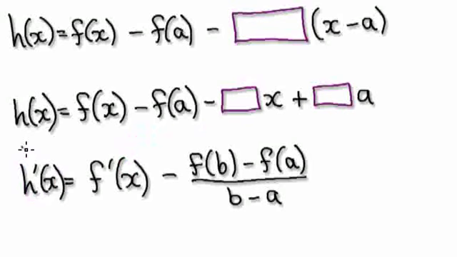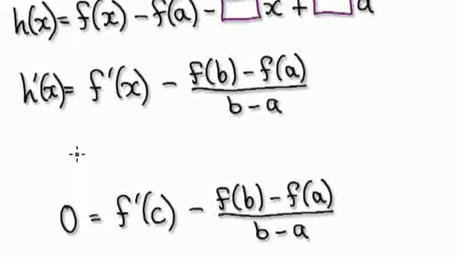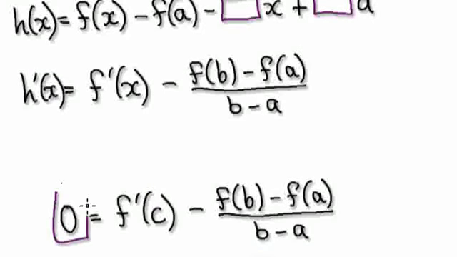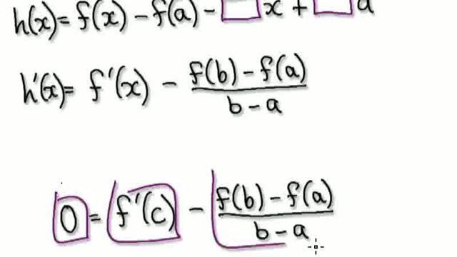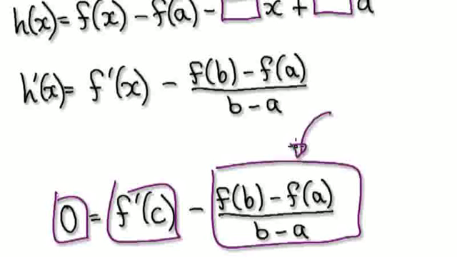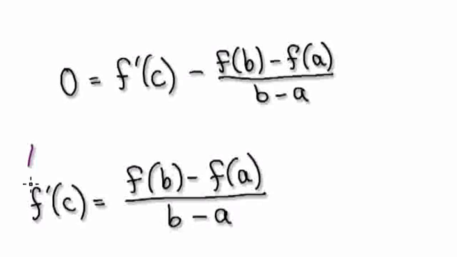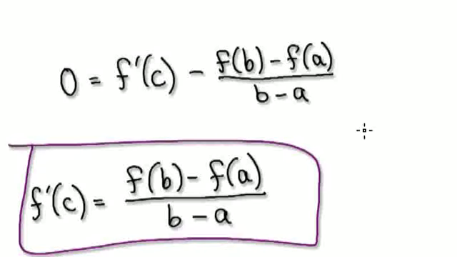So from here we're going to say there must exist a point C somewhere in between. So put C into here where the gradient will be 0. Okay, so that will then take you to this stage here, and then now you've got 0 equals this block take away this block. So add this block to both sides, then that will then give you this. Okay, so now we've arrived at our destination.